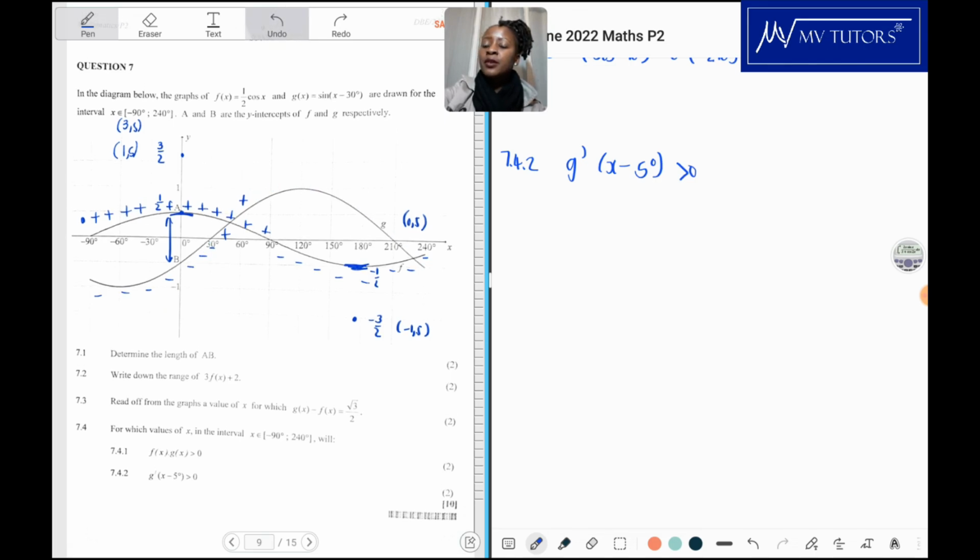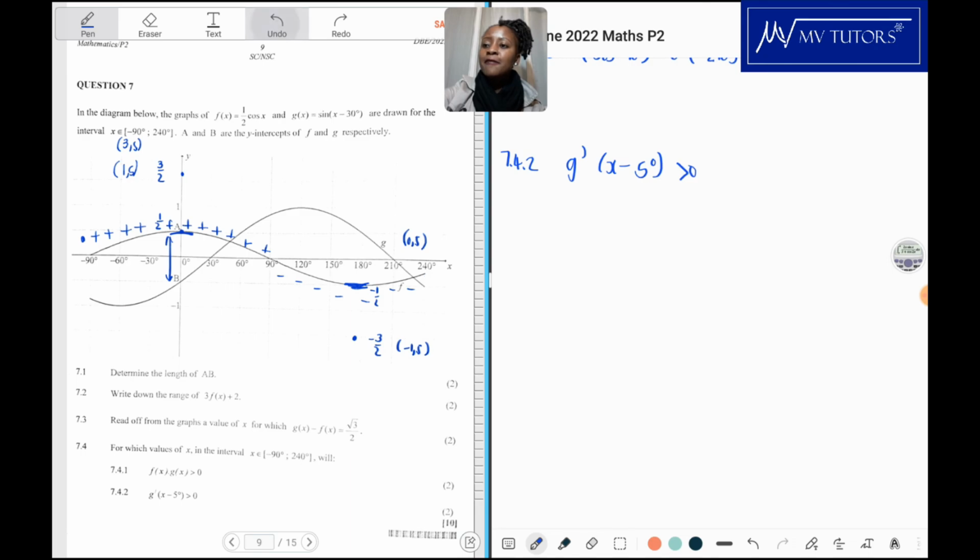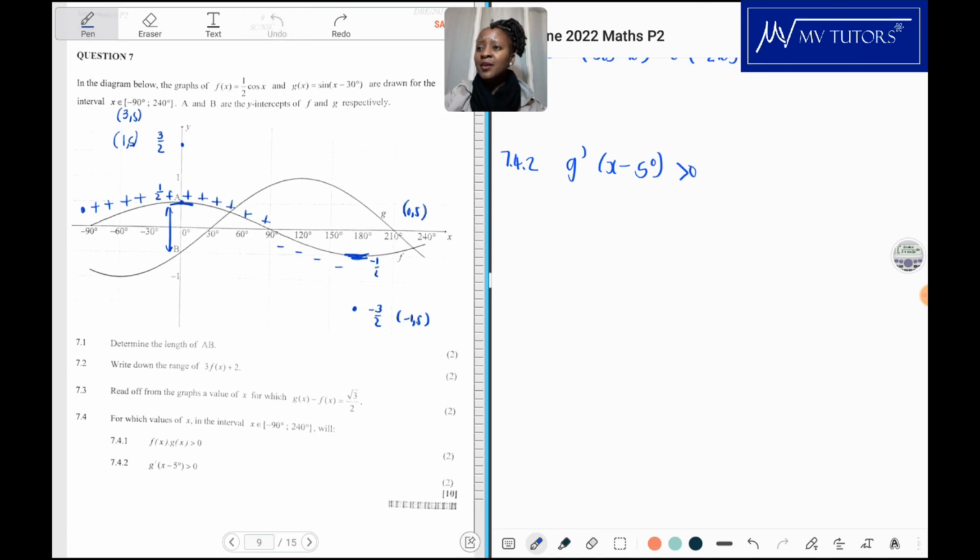You have shifted the graph of g 5 units again to the right. So instead of having sine x minus 30, you're actually going to have sine x minus 35. Okay, because the whole graph has shifted 5 units again to the right.